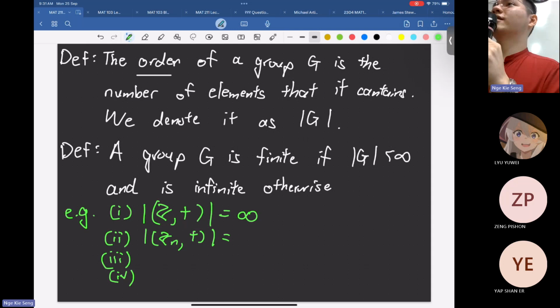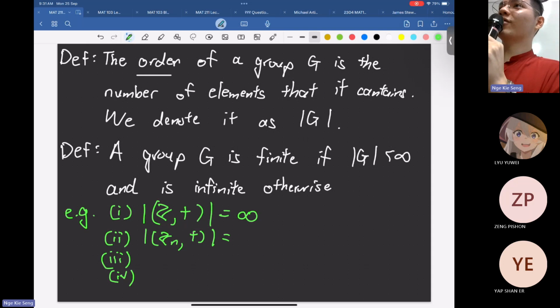So how many elements in Zn? The clock is Z12, modulo 12. You have 12 numbers. So Zn has how many numbers? 2n? So Z12 has 24 numbers?